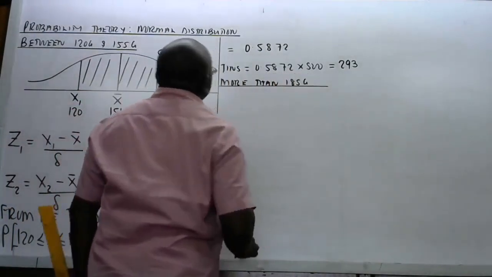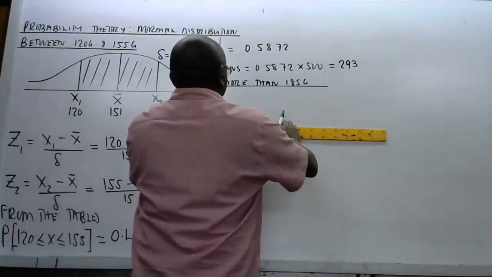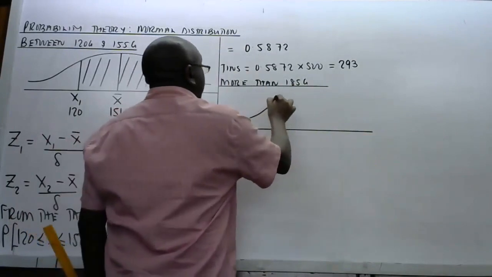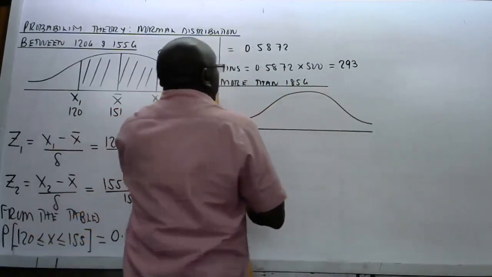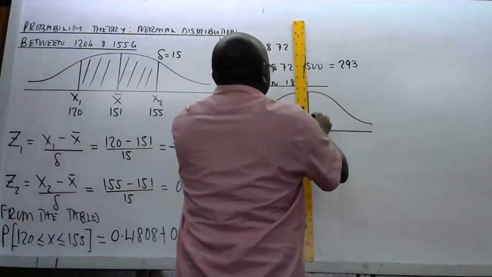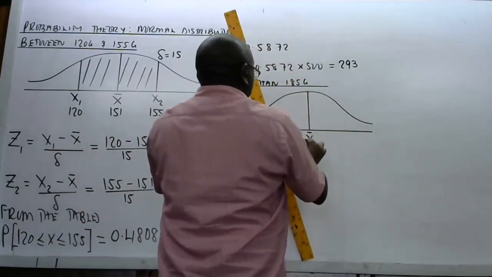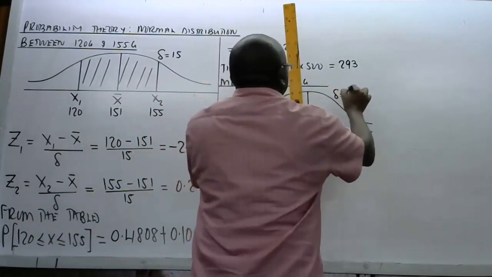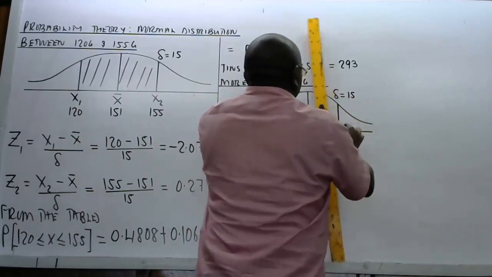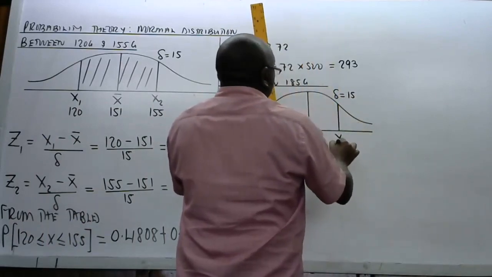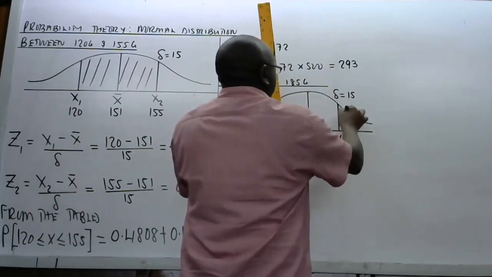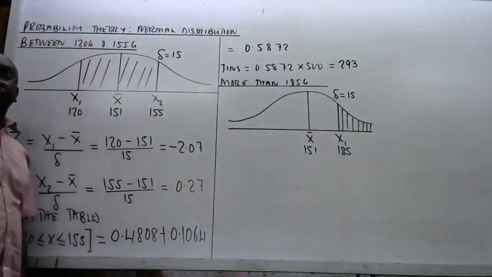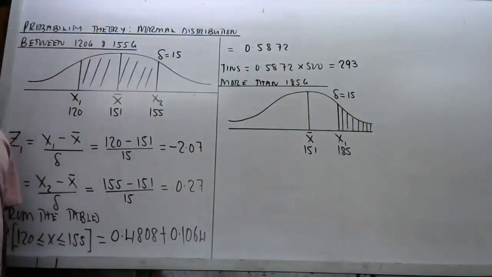So again, we seek to draw a table, whereby here we have the mean, X bar is 151, standard deviation is 15, and then here X1 is 185.